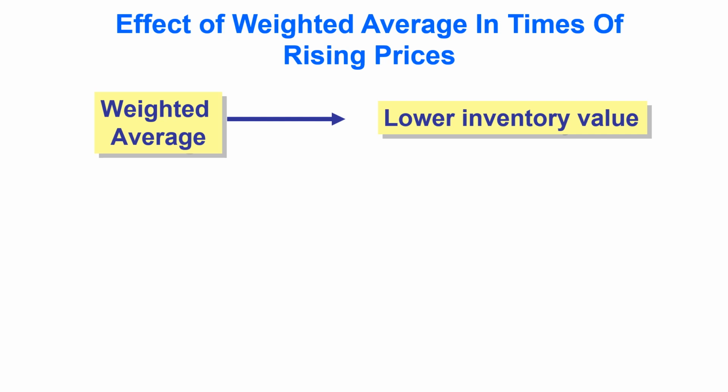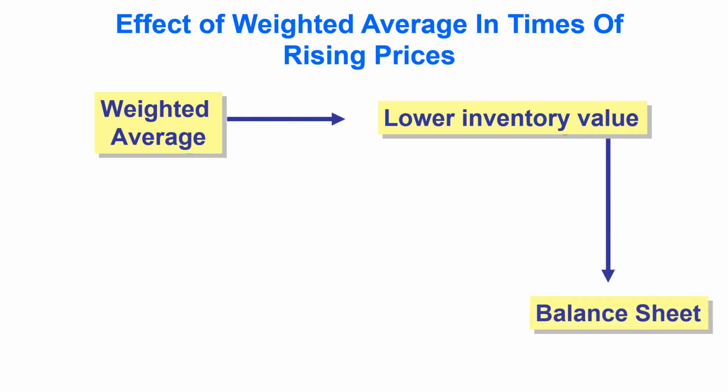Now FIFO gives us higher inventory value because it considers the first purchases, which are at a lower price, to be sold first, and the later purchases which are going to cost us more will be considered unsold, so higher inventory. Weighted average, however, calculates an average cost of all the lower price inventories and the higher price inventory items. So this will give us a lower inventory value compared to FIFO on the balance sheet.